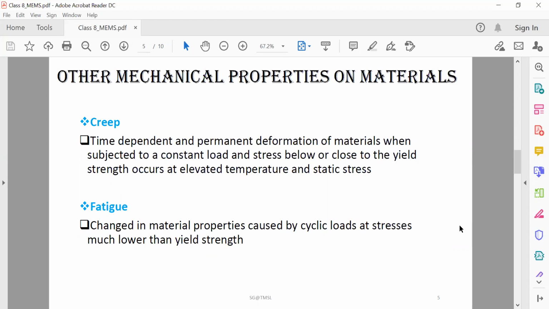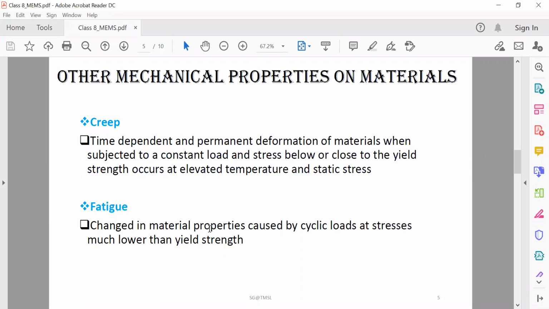The other property is known as fatigue. It is a change in material properties caused by cyclic loads at stresses much lower than the yield strength. That means you are applying stress lower than the yield strength, but cyclically: you apply stress and then release it, again apply stress and release it, and again.